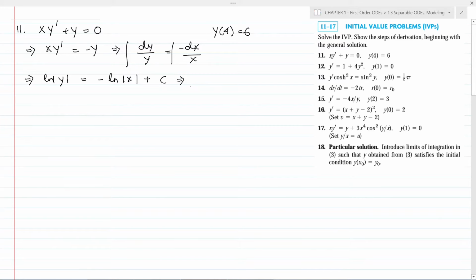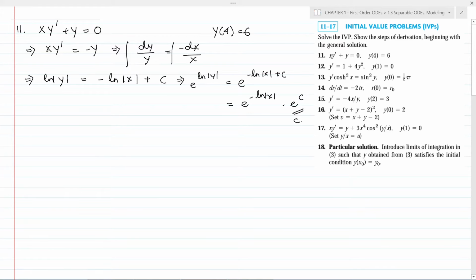which implies we take e to the power on both sides. So e to the power ln y is equal to e to the power -ln x plus c. The right hand side we can write as e to the power -ln x multiplied by e to the power c.